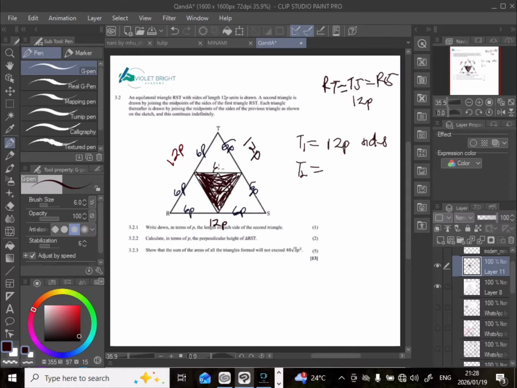Here it will be also 6, and also the side, and also the side. So you can see for us to go to the third triangle, we just divide 6 by 2. Basically the second triangle has sides of length 6p. The third triangle will be 3p, the length of the sides.